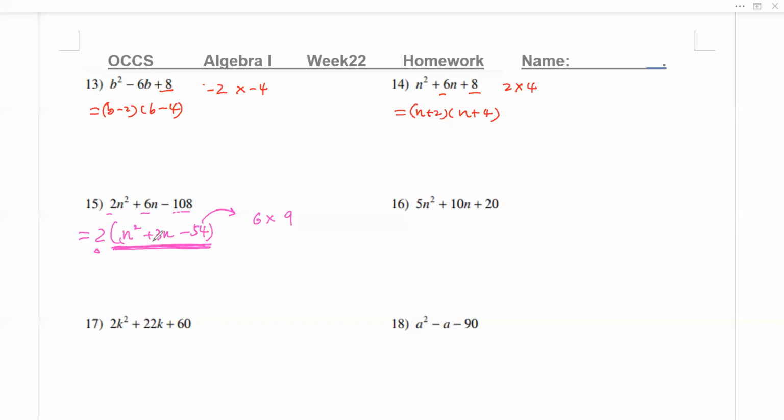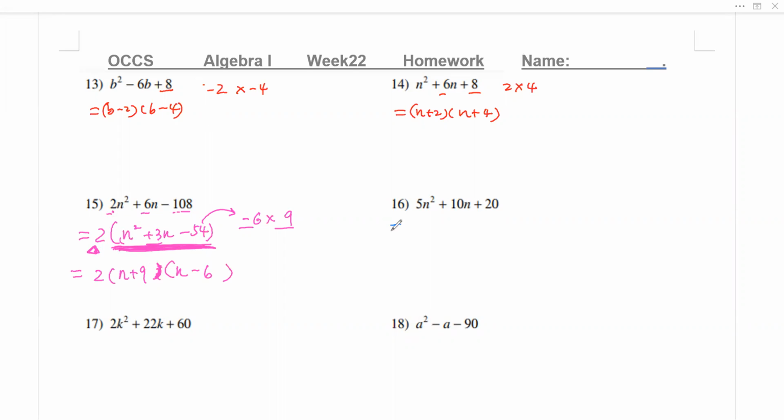We need +3. So here is positive, here is negative: -6 times 9 gives -54, and the sum of them is +3. So it became (n plus 9)(n minus 6). Can anyone get this step? Most important is to take the 2 out first. Then we factor this part, just following the earlier process, right?